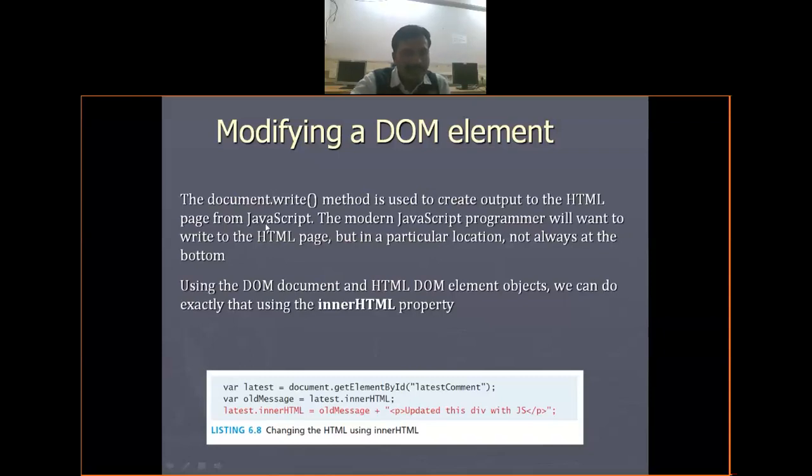The document.write method is used to create output to the HTML page with JavaScript. A modern JavaScript programmer wants to write an HTML tag at a particular location, not always at the bottom. Using the HTML DOM element object we can do this with the innerHTML property.